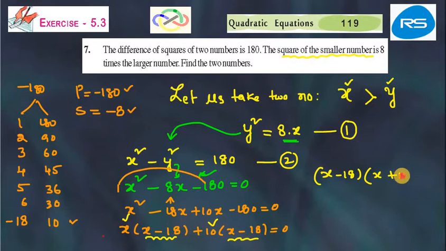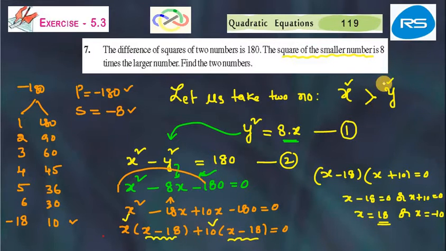So x plus 10 is equal to 0. So a into b is equal to 0 means a is equal to 0 or b is equal to 0. So you will get x is equal to 18 or x is equal to minus 10. So we got the value of x.